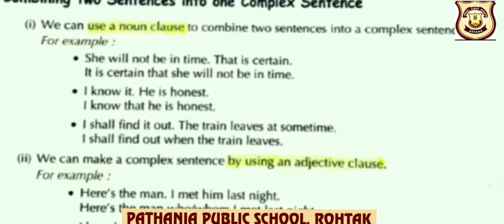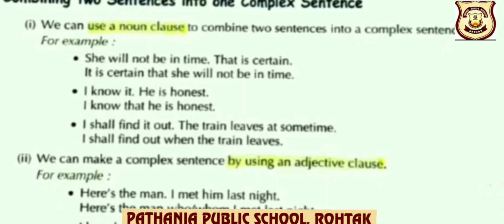How to do so? It is certain. So put the question what to the verb. What is certain? That she will not be in time. Yes, here we are getting the answer for our question what. So it is confirmed that we have framed a noun clause.